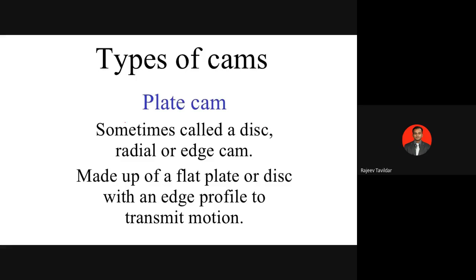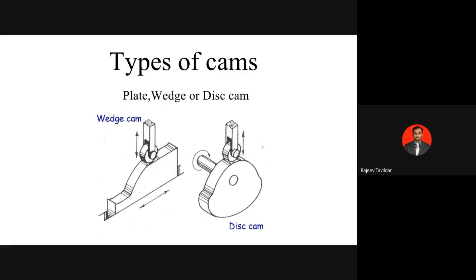Okay, so as I said, the plate cam is sometimes also called the disc cam. Let us see how it is working here. This one is the example of a plate cam, also termed a wedge cam depending on the shape, or the disc cam.